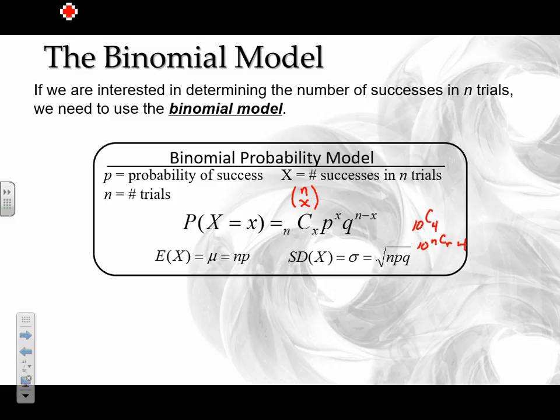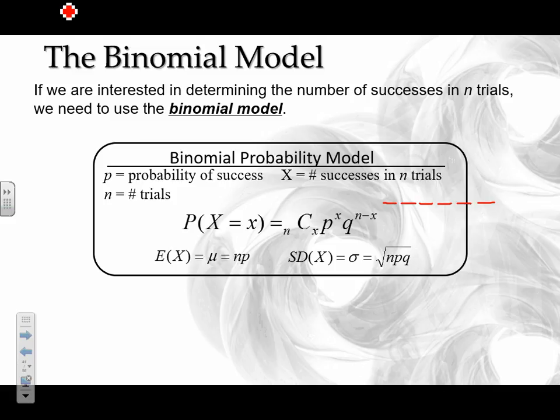Now, the rest of the formula should be pretty straightforward. So from here, my next step is to take the probability of success to the number of successes that I want to see. Okay? Think about this. If I was calculating, let's say I just have 6 trials, and I wanted to have 2 successes, for instance.